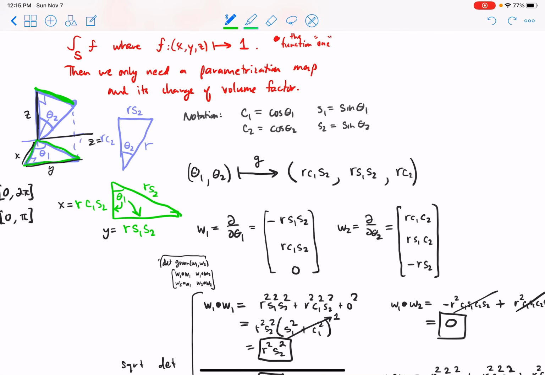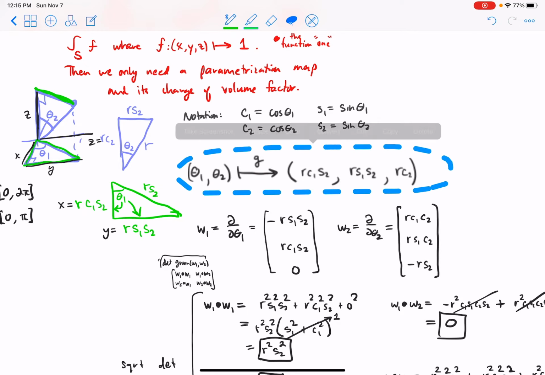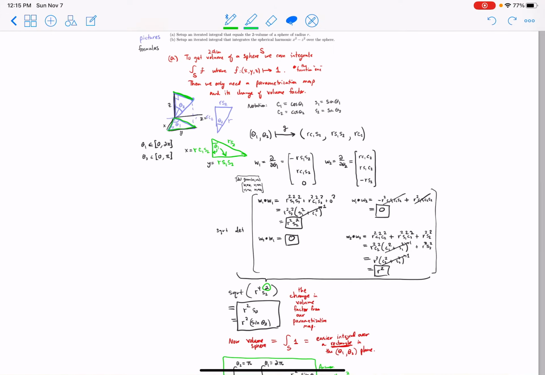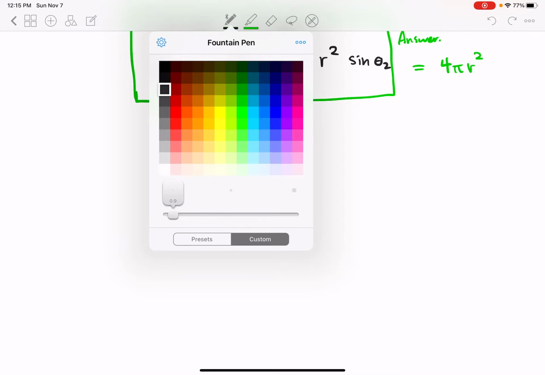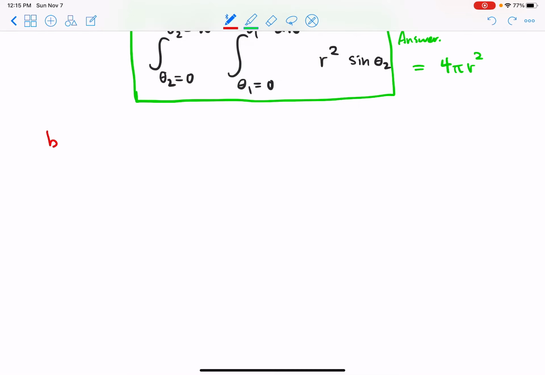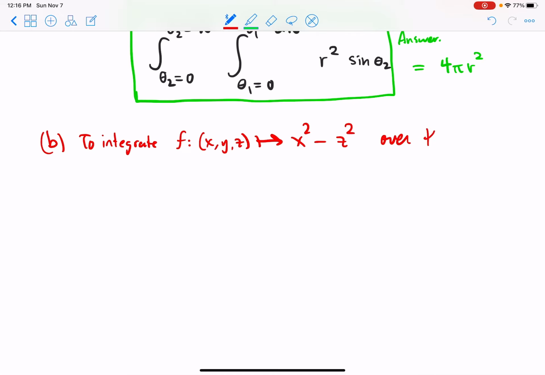So part B, we'll just notice that now instead of the function that gives 1 every time, we're going to use something else. So let's look down here. Part B. To integrate, let's call it f from x, y, z to x squared minus z squared over the sphere.